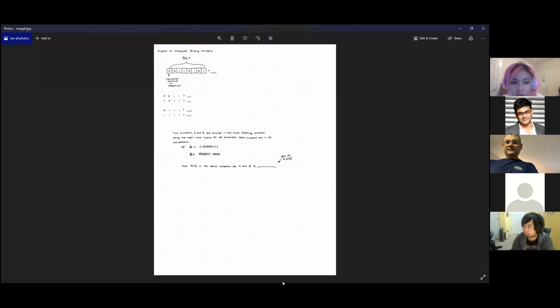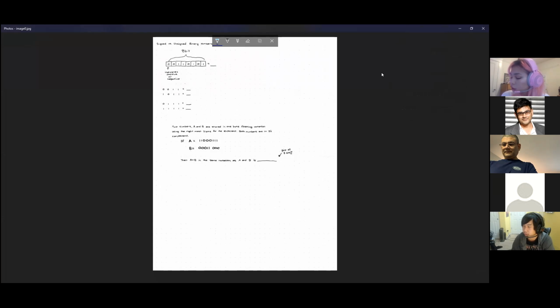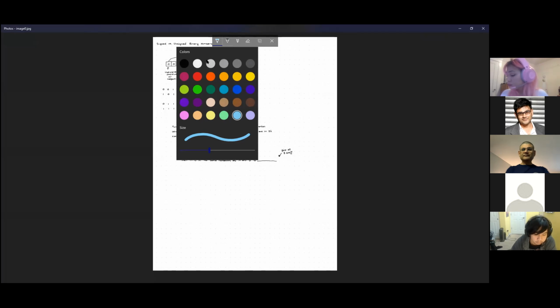For the problems I created, I wanted to kind of help explain signed versus unsigned binary numbers because that's something I got really confused by. Signed versus unsigned binary numbers is pretty much indicating whether a number is negative or positive.